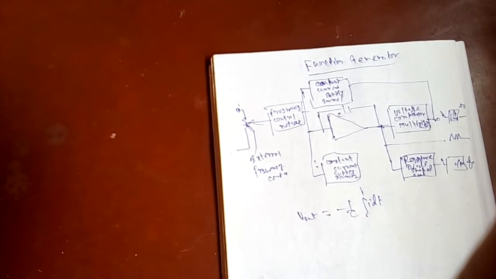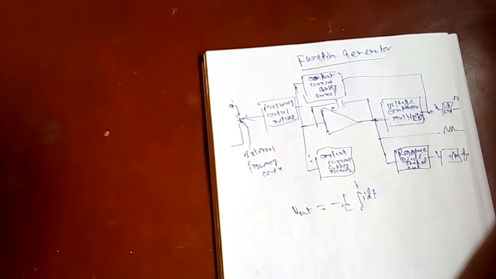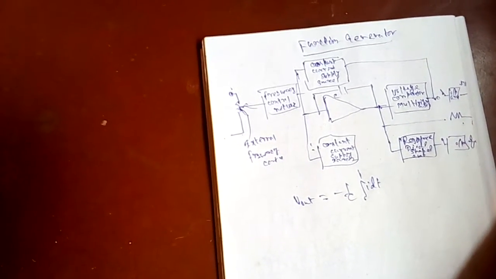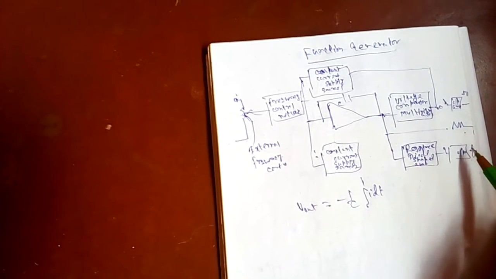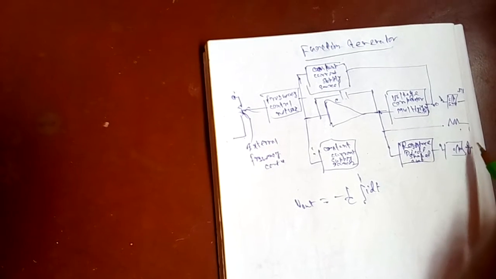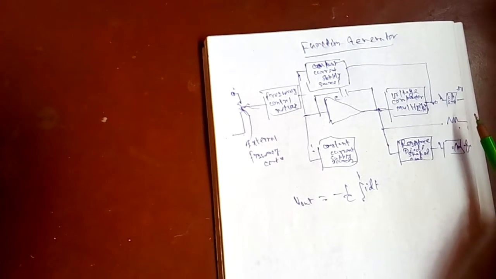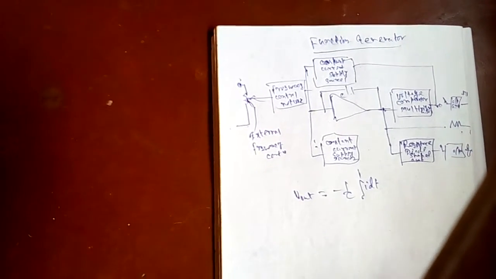The output of the integrator is a triangular waveform. We get the triangular waveform here, and if the resistance of the diode network is changed, it will produce a sinusoidal waveform, and if we take it from the first output, we get the square waveform. So these are the function generators.